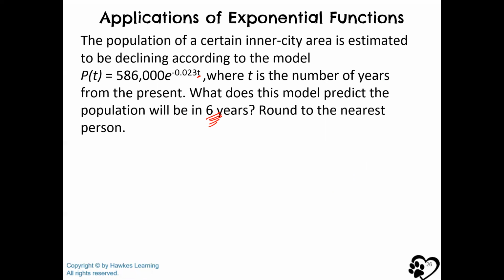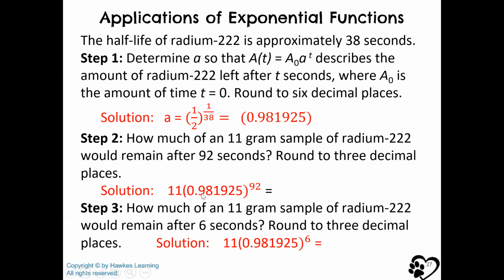And now I'm doing negative 0.023 times 6. And I get 510,460. We're going to round to the nearest person, nearest whole number, and that's the answer. Hopefully you get the same thing.